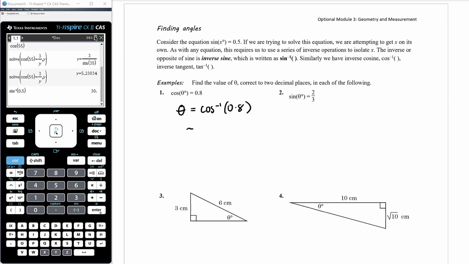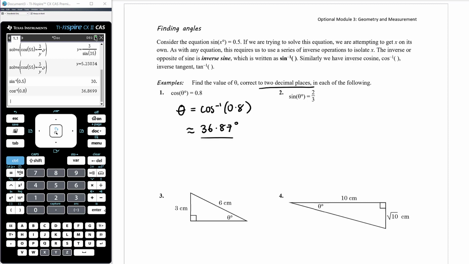And then I can put that into my calculator, inverse cos of 0.8, and we want 2 decimal places, so Control Enter, well, what would give me a decimal anyway? That is 36.87 degrees, okay? So if you're in degree mode, when you do inverse cos, your answer will be in degrees. If you're not in degree mode, your answer will not be in degrees.